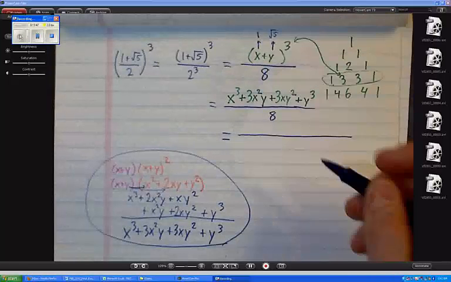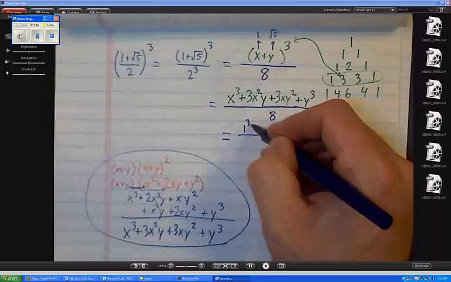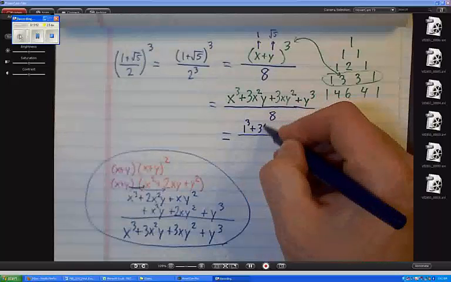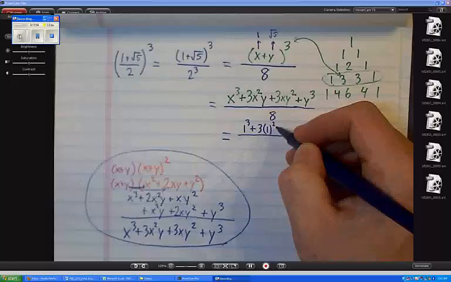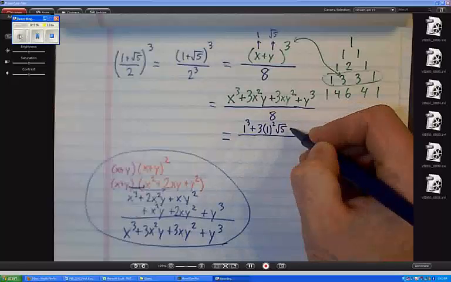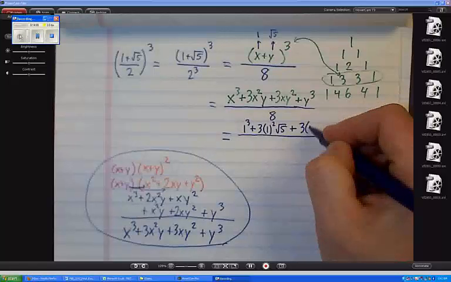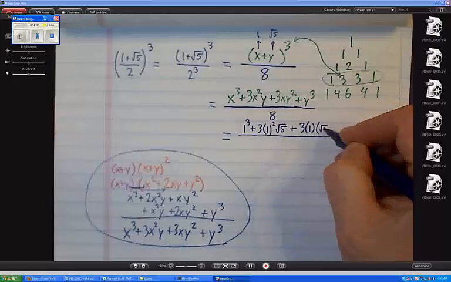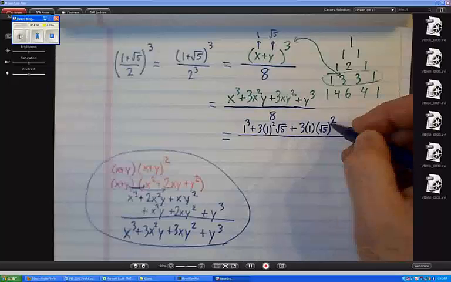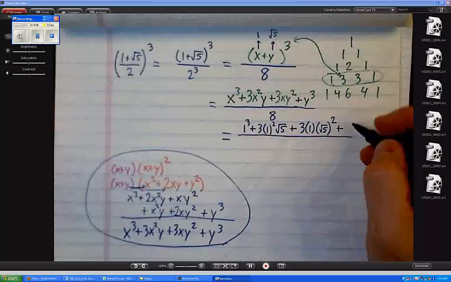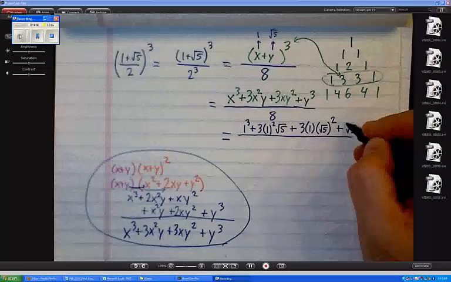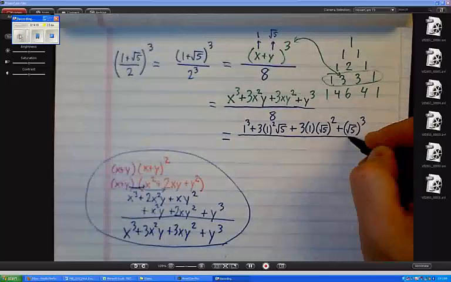So I'm going to get 1 cubed plus 3 times 1 squared times square root of 5 plus 3 times 1 times square root of 5 squared plus square root of 5 cubed over 8.